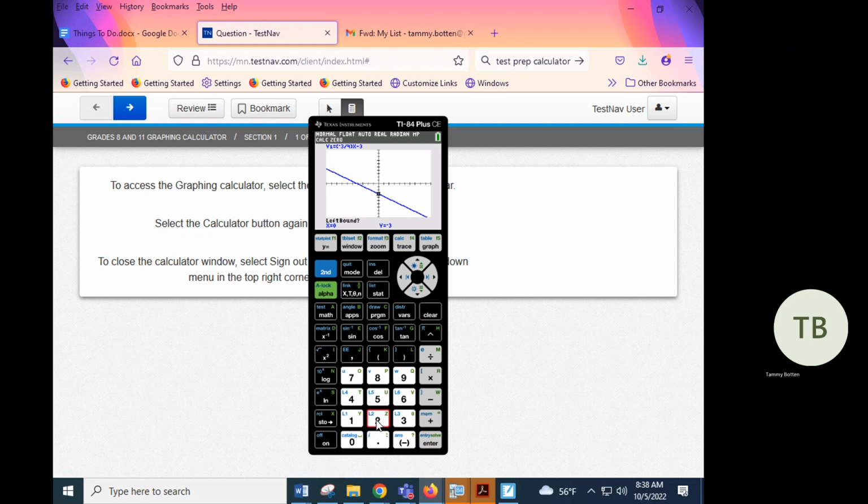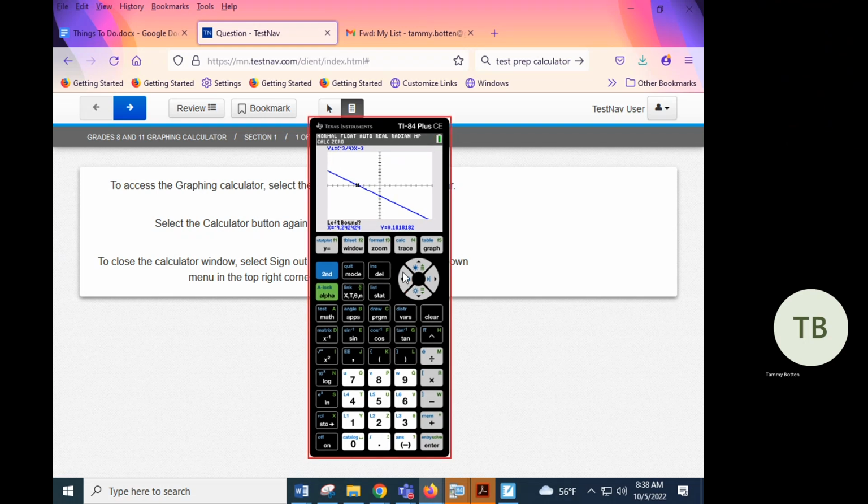And now this is kind of weird. You have this little flashing thing here. You have to use your left and right arrows and move that arrow so that it is to the left of your x-intercept. Once you have that to the left of it, you hit enter. Then it asks us, where is the right bound?